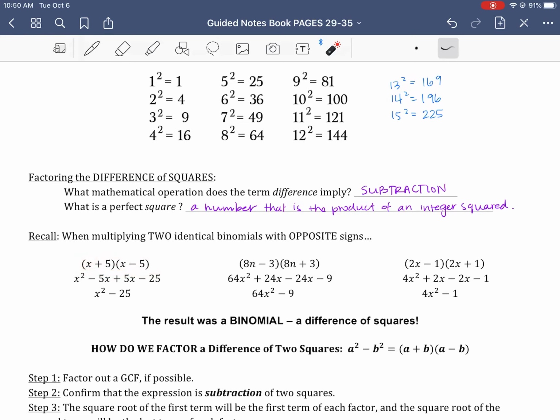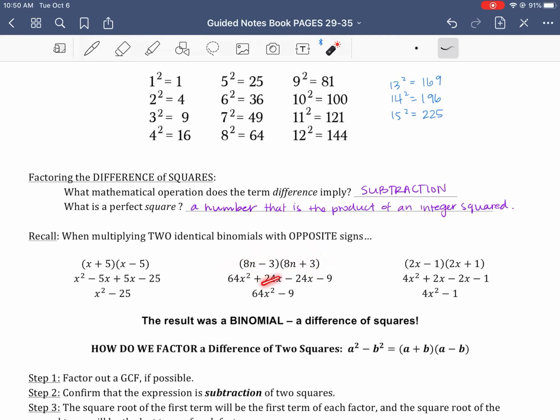Every time that happened and we FOILed it, we got x times x is x squared, x times 5, negative 5x, 5 times x, 5x, 5 times negative 5, negative 25. Those middle terms were always exactly opposite, so they canceled out or added to 0, leaving x squared minus 25, a binomial.